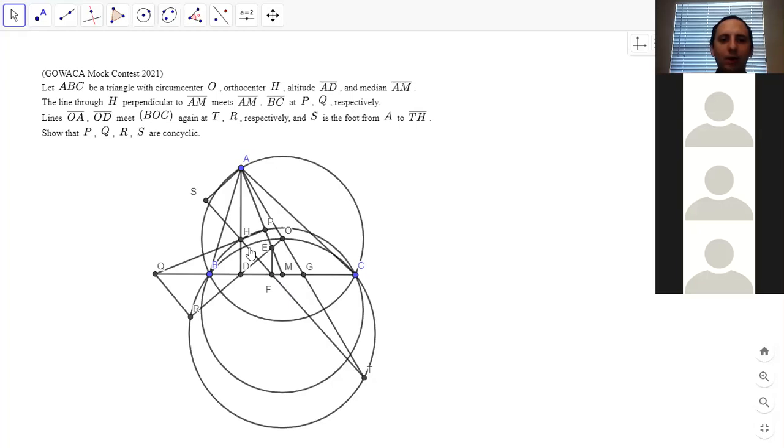So yeah, so GE by Ceva, GE bisects AD. And then what were you thinking from there? Well, I assumed that EF is parallel. I forgot that. We are trying to prove that EF is parallel to AD.